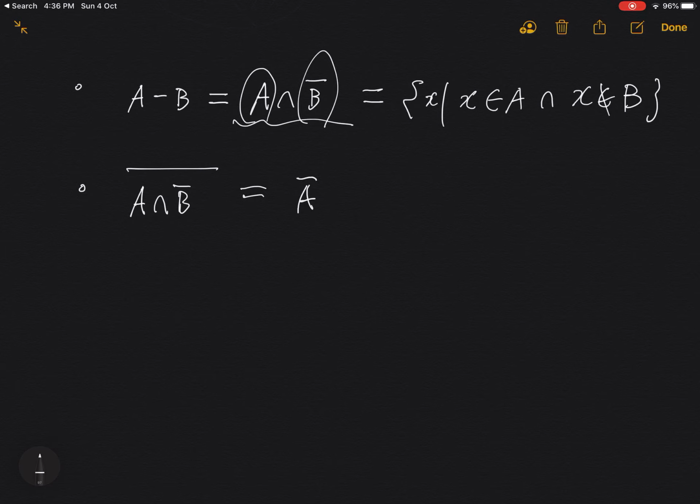We will have the complement of A, and it will become an OR operation. It means intersection becomes the union, right? And then we have the complement of set B. It's just like a negation. Two negations will become itself.